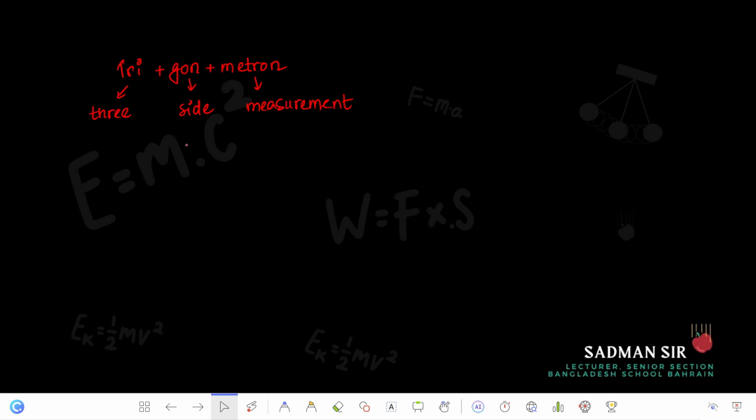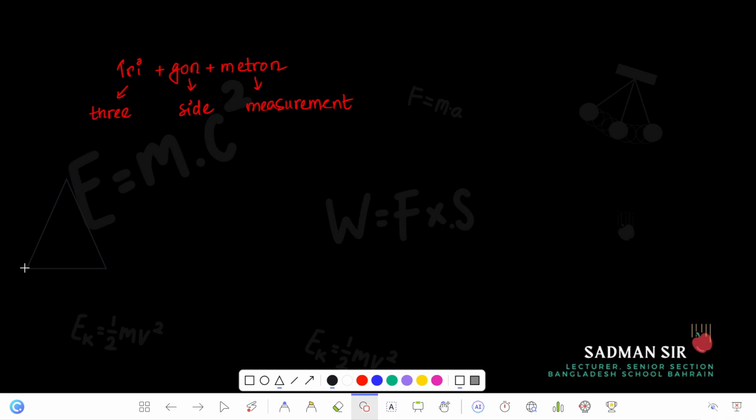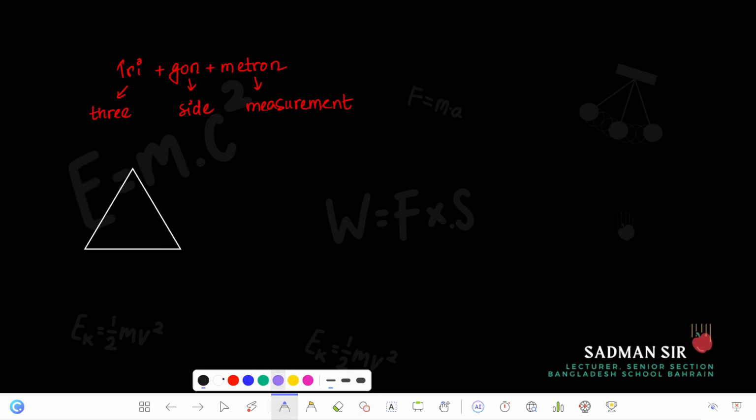Now there are several types of triangle. For example, if we draw a triangle here, let me change the color so that it is more visible. Now if in a triangle all the sides are equal, for example all the three sides are a, then we call it an equilateral triangle, right?